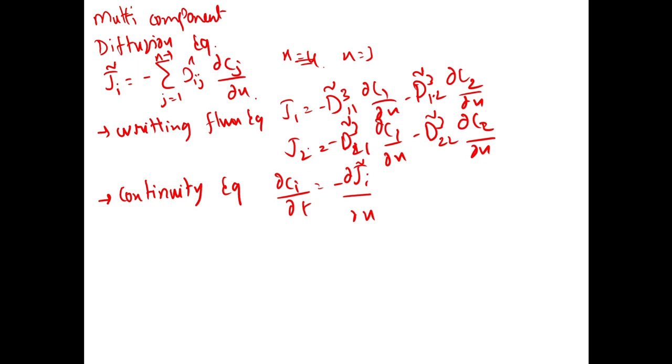Just apply whatever the J value is given in the flux equation here; you just insert this equation. Then we will get a matrix of this, D tilde.